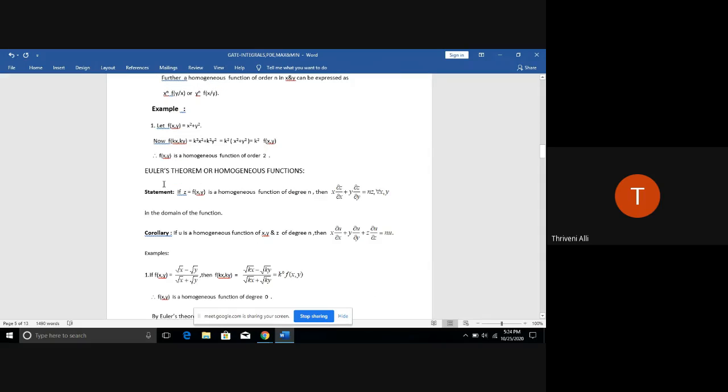Next one is, so is it clear with the example 1 for homogeneous function? Yes, students.